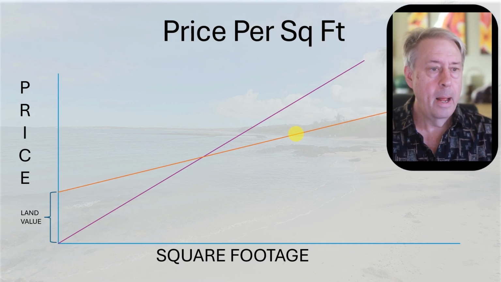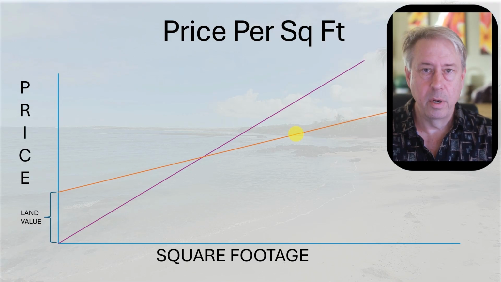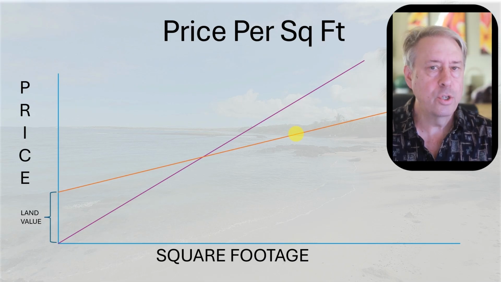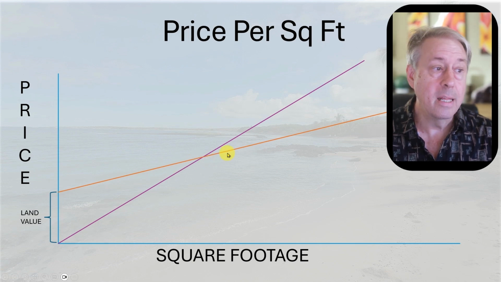Now, I'm not a big proponent of pricing using price per square foot. I've been a long-term realtor, and I'm not a big proponent of it. The reason is that in actual terms of buyers' behavior, this is never a straight line. Depending upon the market, the line could curve down or the line could curve up.